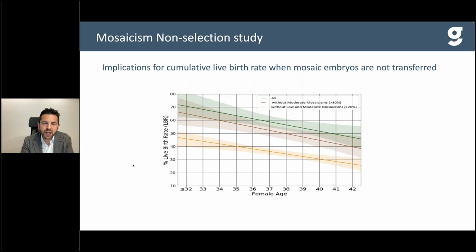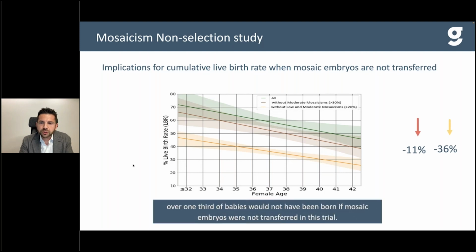And finally, in our trial, we also did some modeling in order to investigate the impact of discarding these embryos in terms of cumulative live birth rate, meaning to what extent we can impact the pregnancy chance of patients from an intention-to-treat perspective.